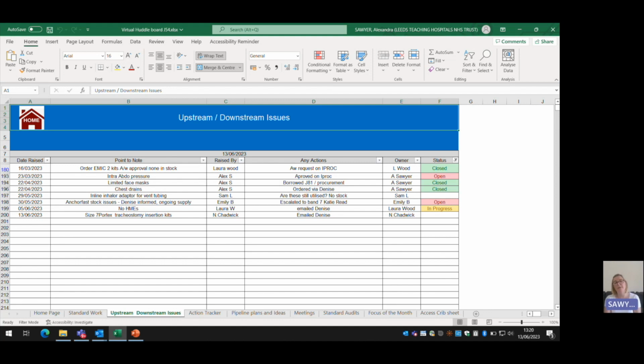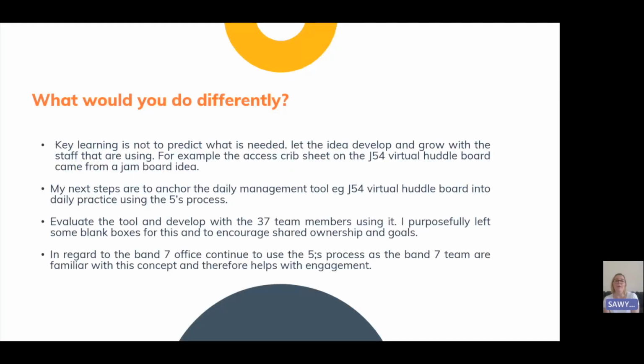The other thing that I did with the daily management tools was I left blank spaces. I purposely left blank spaces so I could develop it and the team could develop it for things that they wanted added. So from the original first draft, there's an access crib sheet, and this is for the senior team to say if logins aren't working or they need access to a certain system.